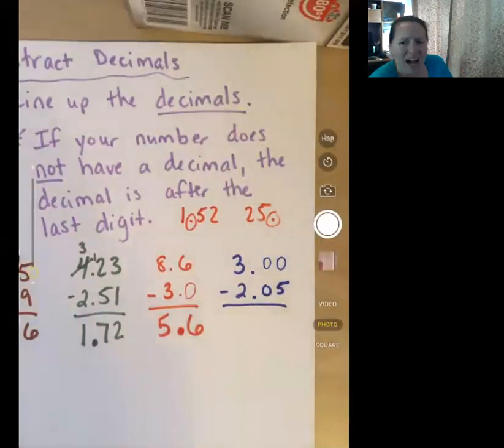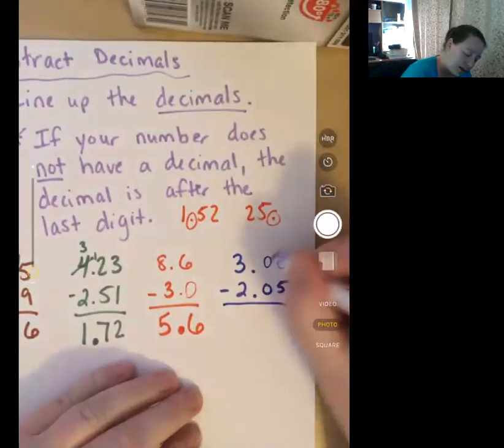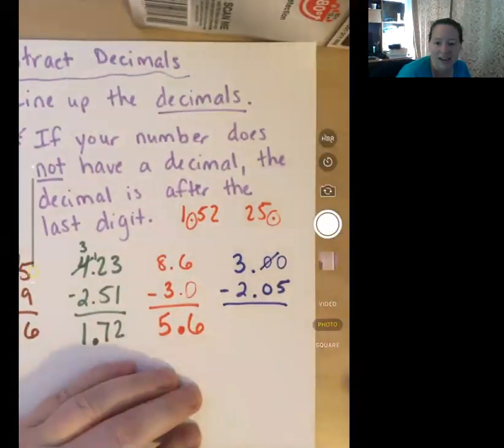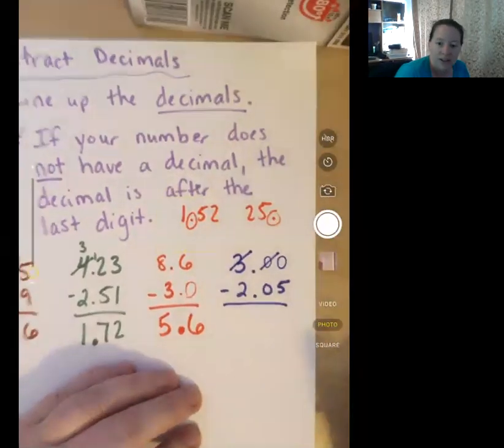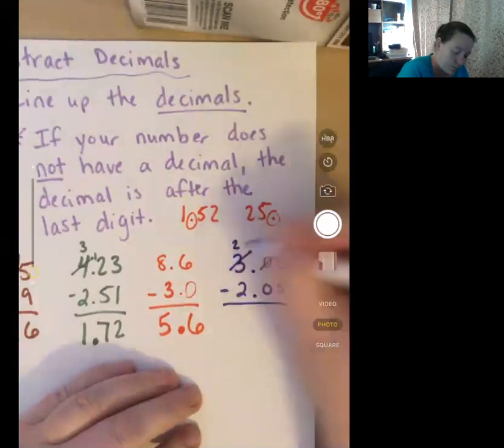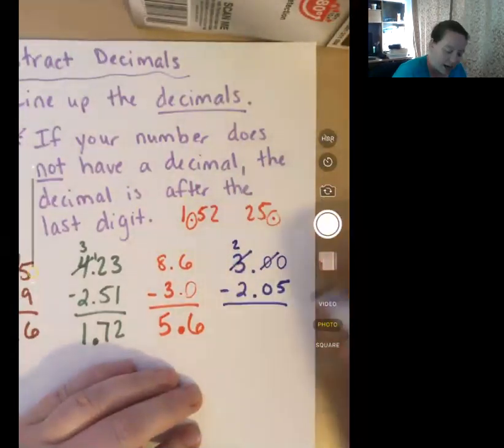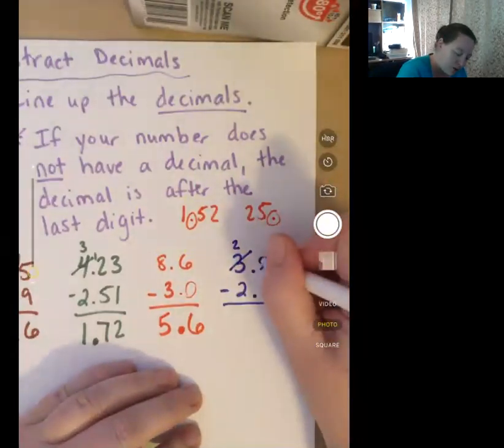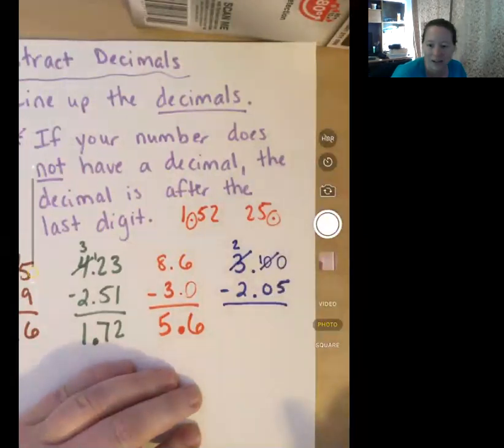0 minus 5. I have nothing. I can't take 5 out of that. So I need to go borrowing, except that 0 doesn't have anything for me to borrow from. So I need to go borrowing again. That 3 becomes a 2. I then come over here and I bring the 1 to make that a 10, but it can't be a 10 because I had to borrow from it.